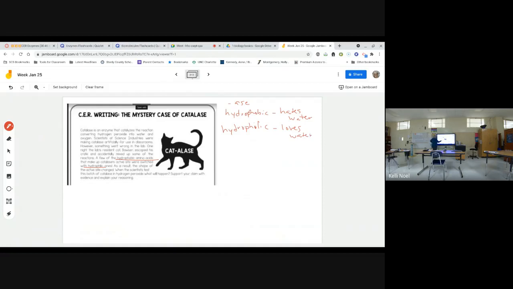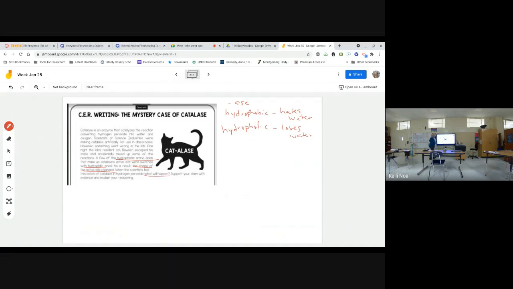On catalase, there are hydrophobic amino acids at the active site. But because the cat bumped and switched some stuff, they became hydrophilic. So now they're going to be attracted to water. As a result, the shape of the active site changed. When scientists test this batch of catalase and hydrogen peroxide, what will happen?